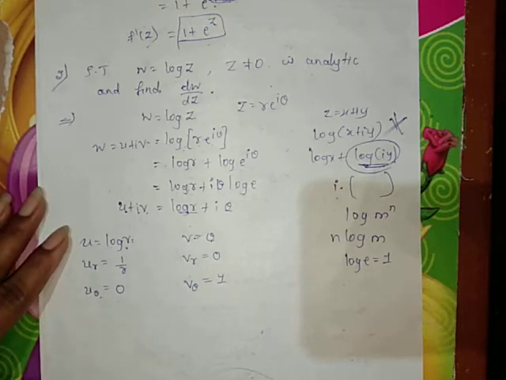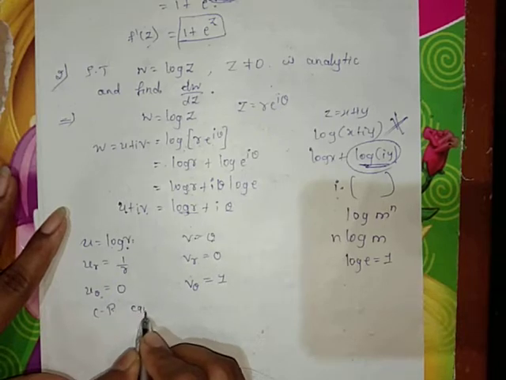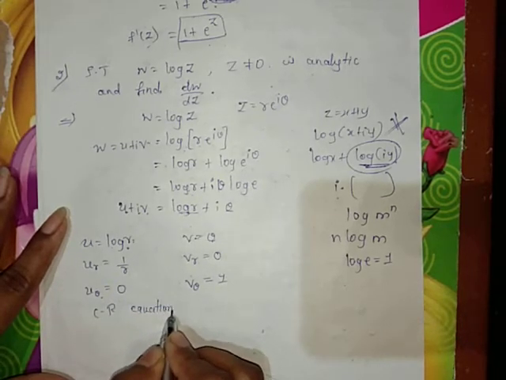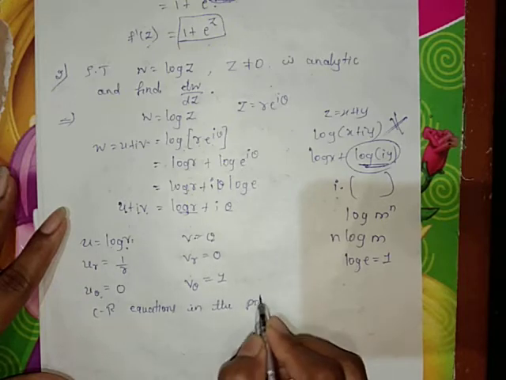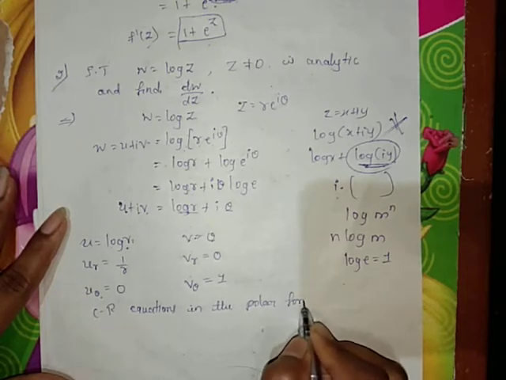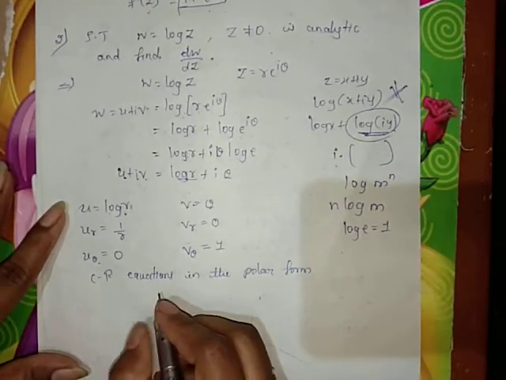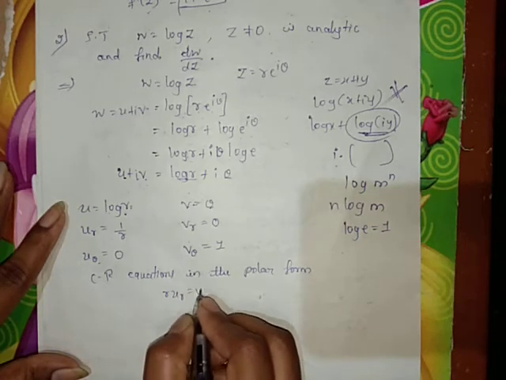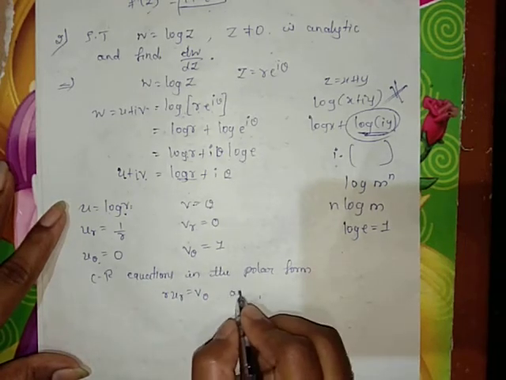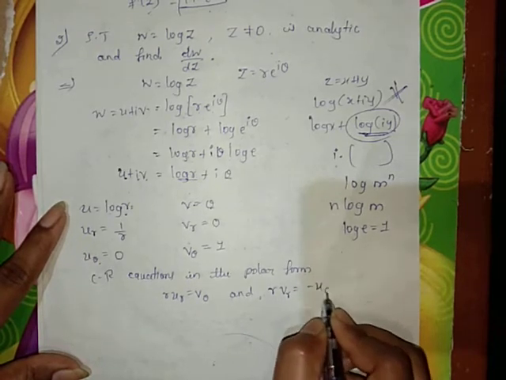Now we have the CR equations in the polar form. In the polar form, our CR equations are r into u r equal to v theta, and r into v r equal to minus u theta.